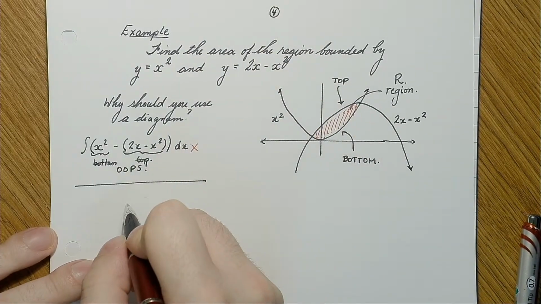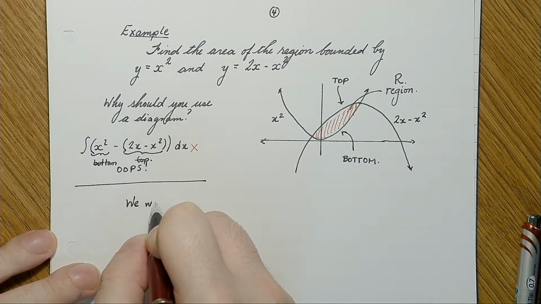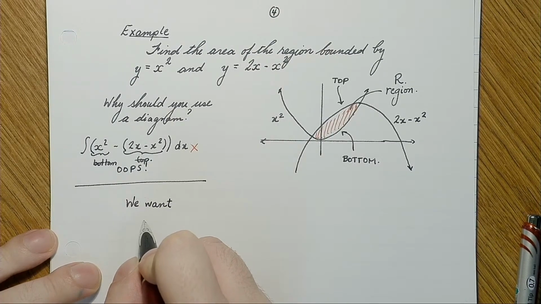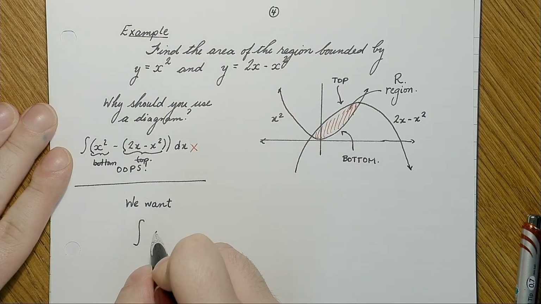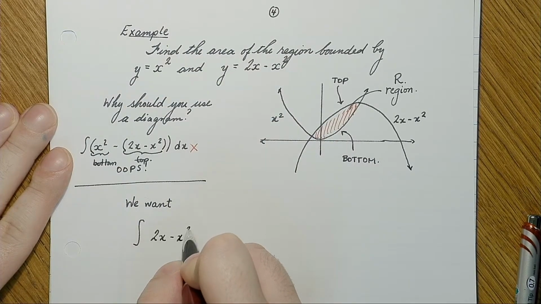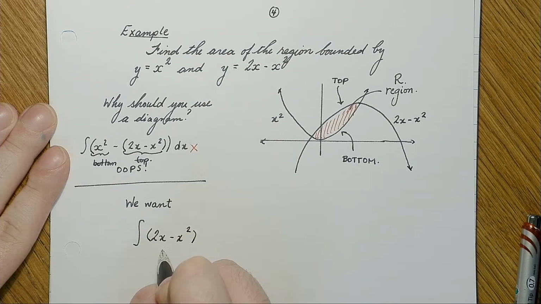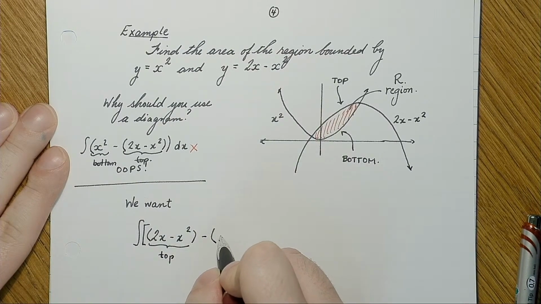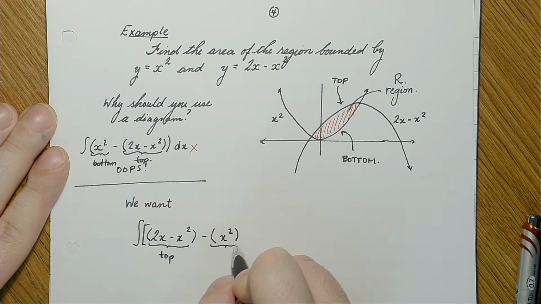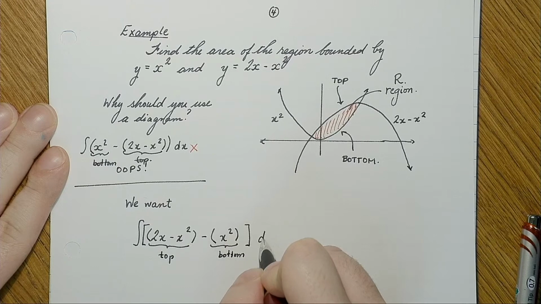So the one that we want, integrating from, so we have the top function, which is 2x minus x squared, minus x squared, and here is the dx.